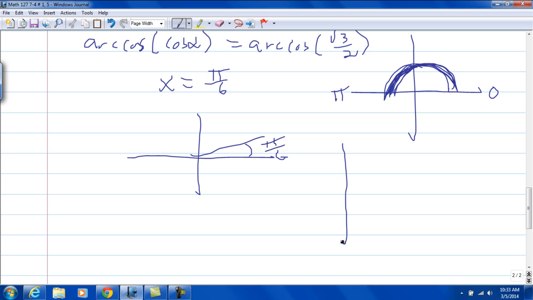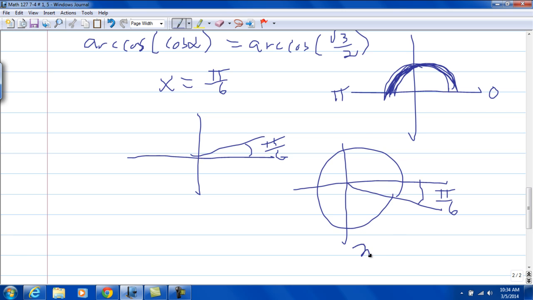Anyway, cosine is also positive in the fourth quadrant. So, having a reference angle of pi over 6 there, how do we get that angle? Well, if you took 2 pi and subtracted pi over 6, you're going to get 11 pi over 6.